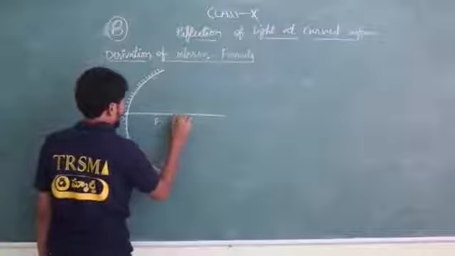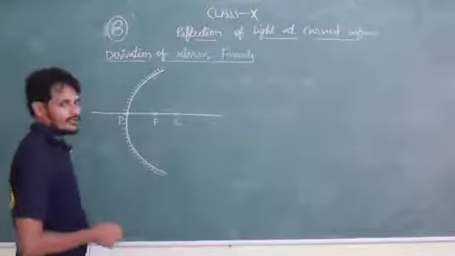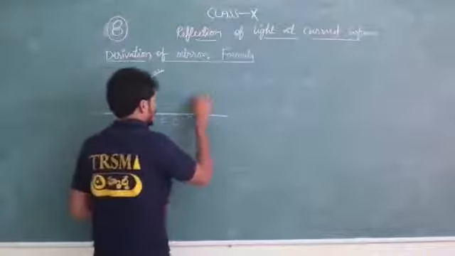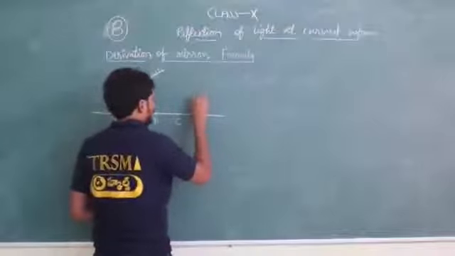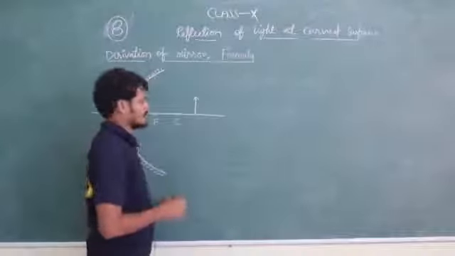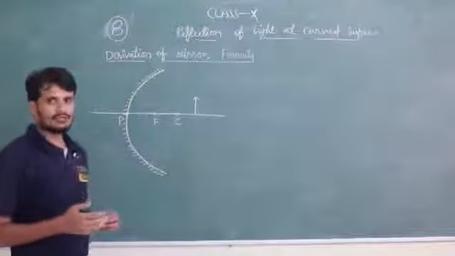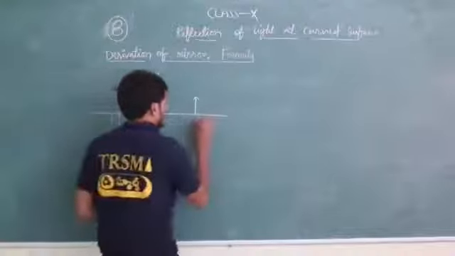Pole, focus and center. Now imagine one object AB placed on the principal axis.